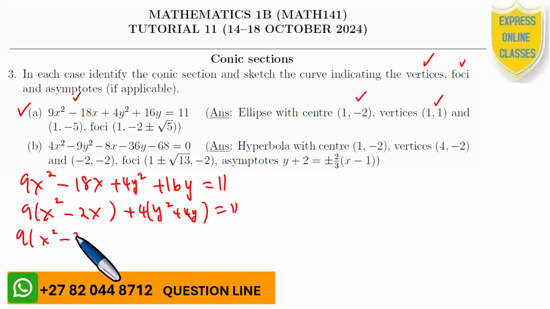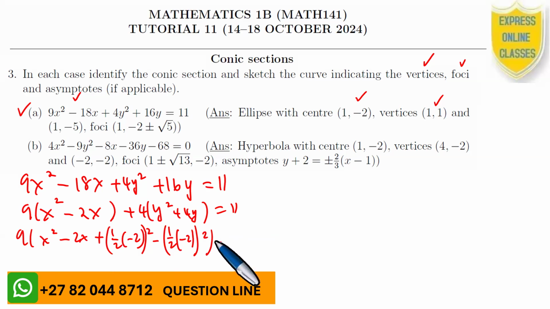You can complete the square by getting half of minus 2 and squaring it, and subtracting the same thing. Likewise for y squared plus 4y.